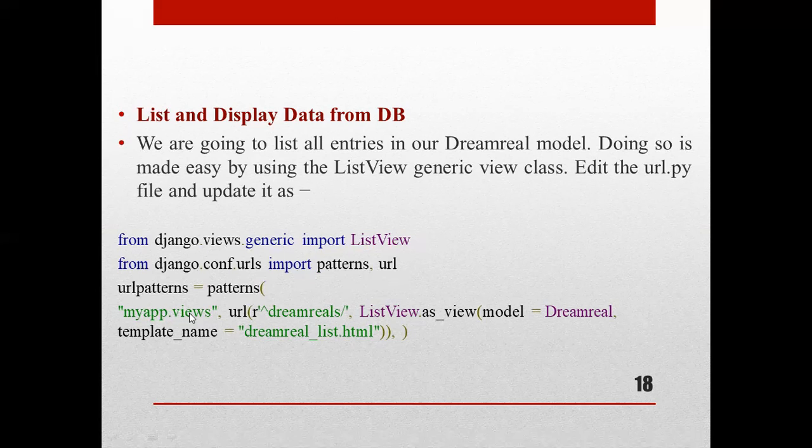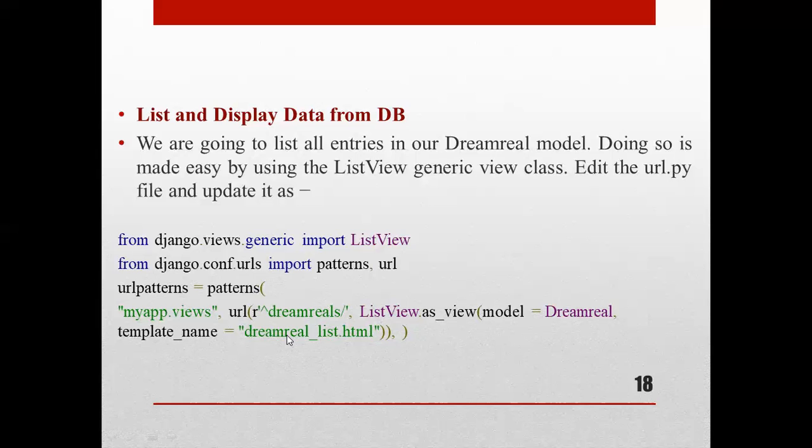Inside that myapp.views, we have the views.py file. And here we are going to pass the url as dreamreals. From the dreamreals, we are going to list the data like ListView.as_view. Inside the brackets, model is Dreamreal, and the template name is dreamreal_list.html. This is the file we are going to access the data from.